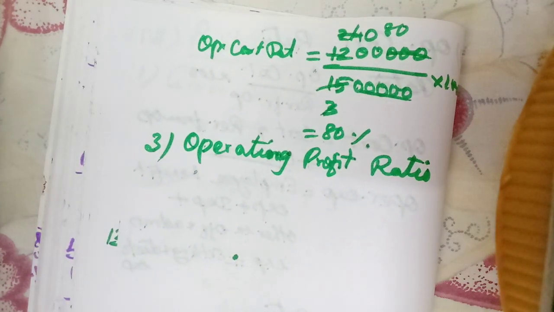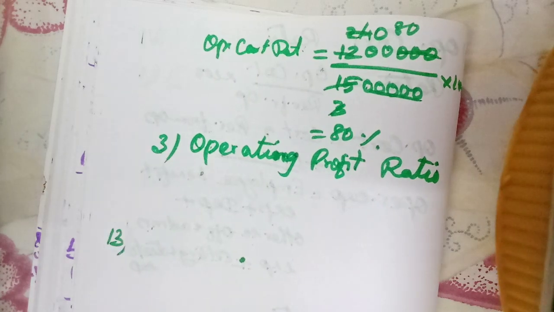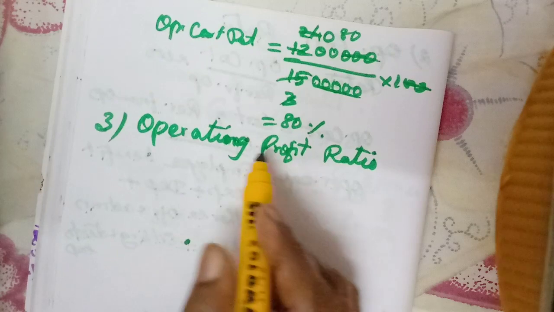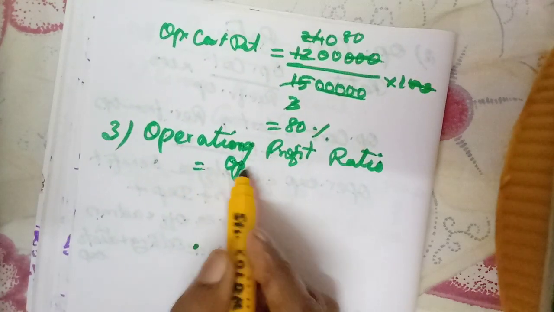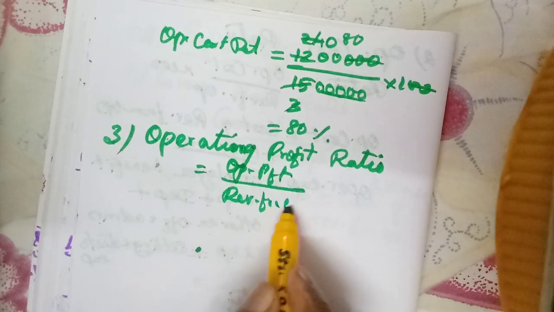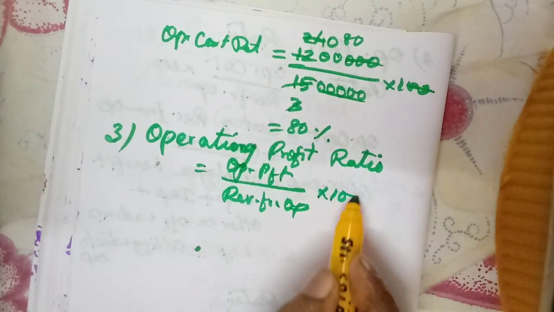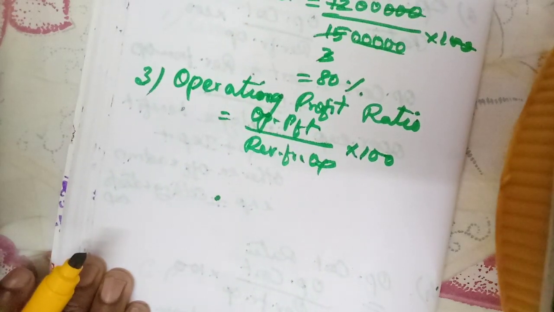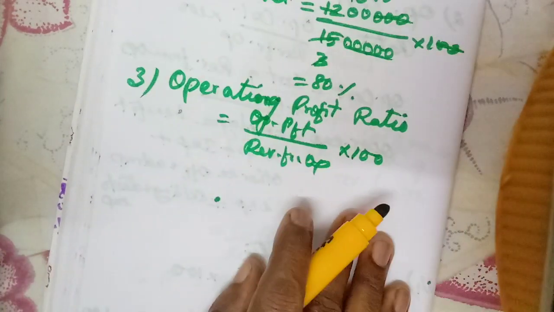The same thing, isn't it? Operating profit divided by revenue from operation into 100. That's all the formula.